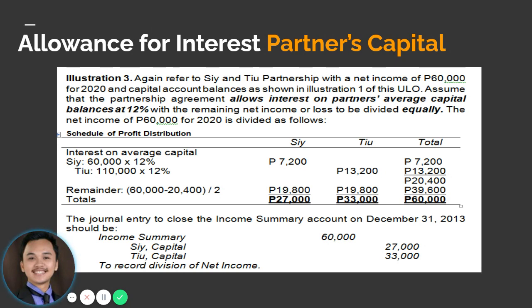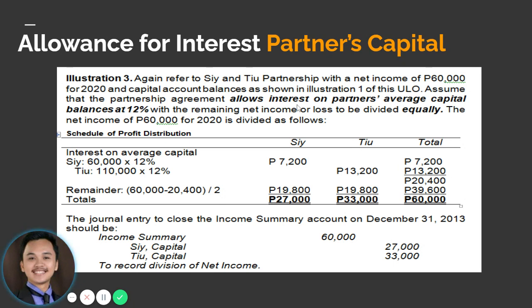For 2020 and the capital account balances as shown earlier, assume that the partnership agreement allows interest on partners' average capital balances at 12% with the remaining net income or loss to be divided equally. The net income of 60,000 for 2020 will be divided as follows. Okay, so let's account.